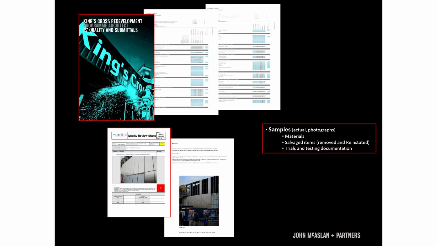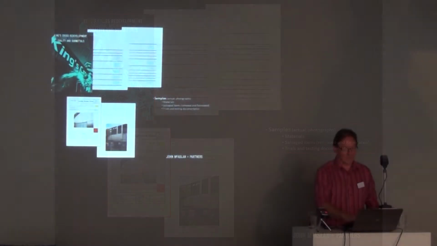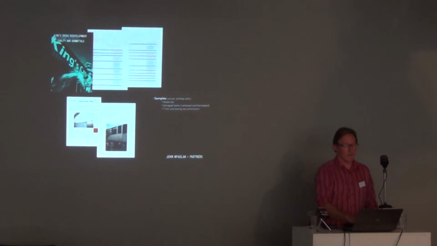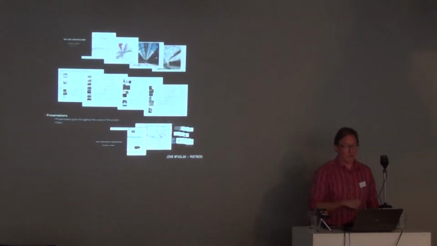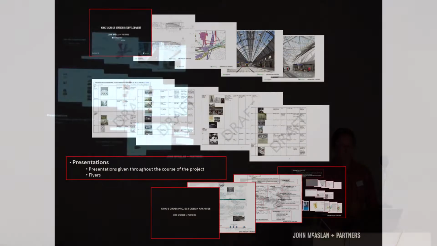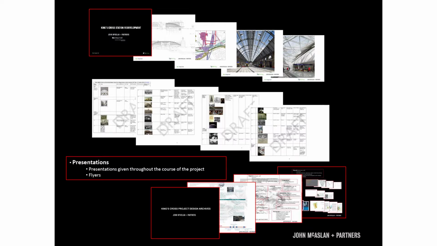We also have a record of how we deal with physical samples: a digital record of approvals, processes, inspections, quality reports on materials, and so forth. So there's a documentation of the process of choosing and specifying those material samples as well.